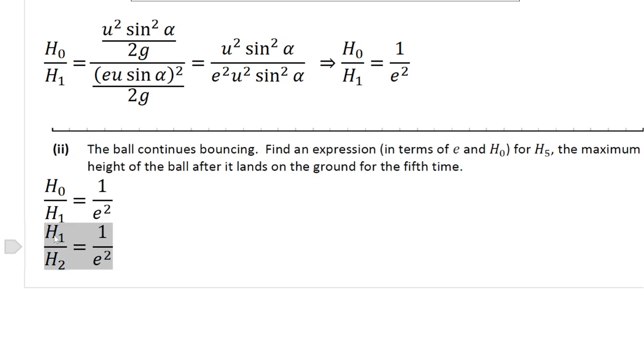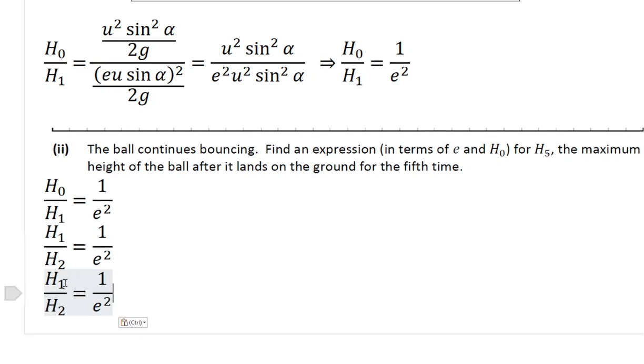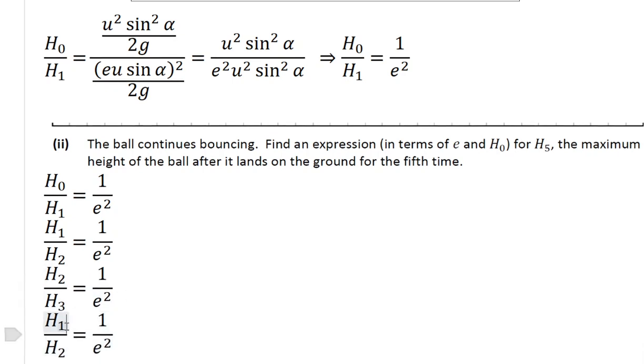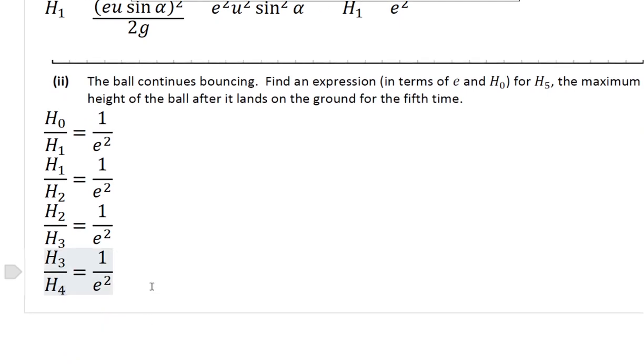So H1 over H2 equals that. And we can say H2 over H3 equals that. Now, you might be tempted to jump straight to the answer, and that's perfectly fine if you're absolutely confident that you can get the correct thing without making any mistakes.